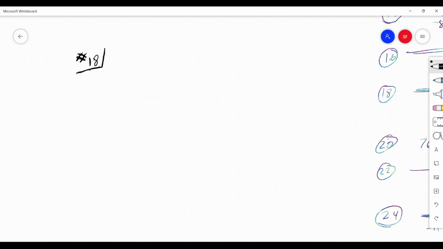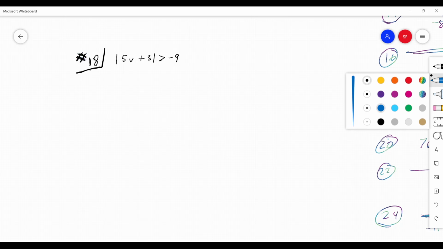Okay. Number 18 is the absolute value of 5v plus 3 is greater than -9. So what do we need to do? Separate into the two equations.